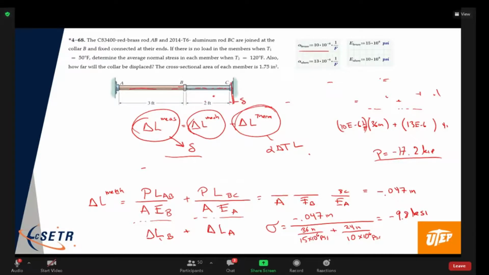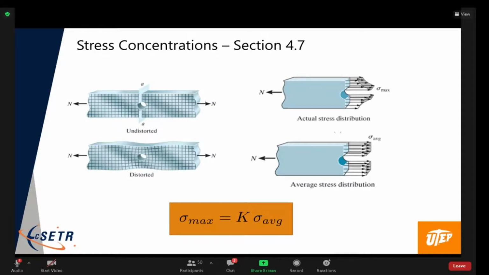All right. The second bit that I want to talk about today is this idea of stress concentrations. In this chapter, we've been able to invoke Saint-Venant's principle, and away from the points where the loads are applied or the component is fixed, we have a pretty good approximation of the normal stress in those regions.